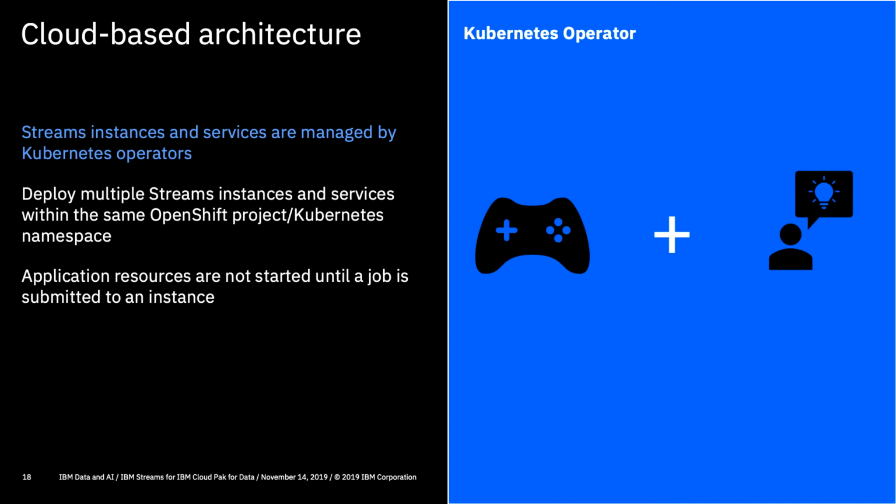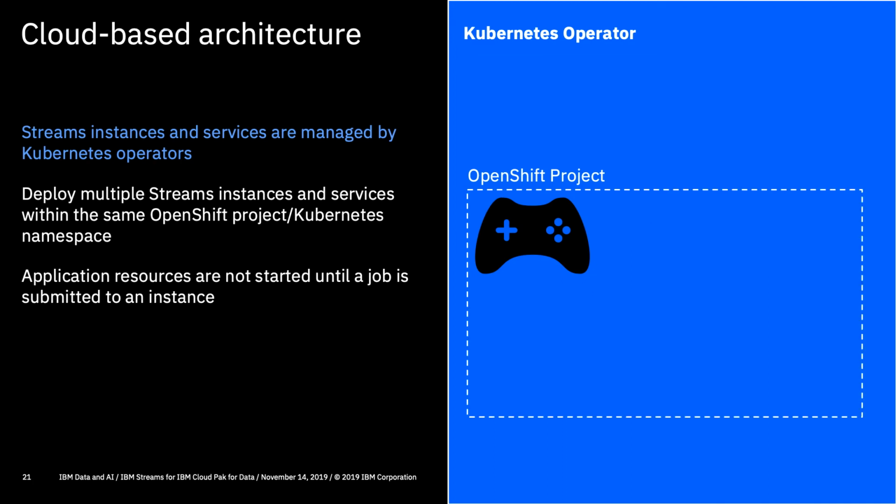The logic controller is run inside a project or namespace and can react to events against a custom resource. So, users can create a Streams instance or any of the services within a namespace by creating a custom object that the Kubernetes operator reacts to. The Kubernetes operator creates the necessary resources to bring up the instance, security service, or build service.